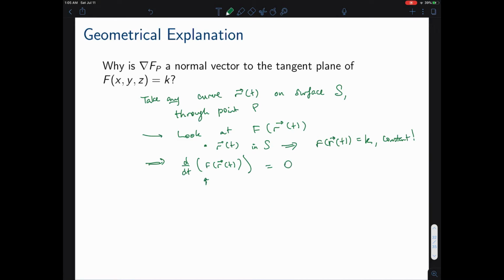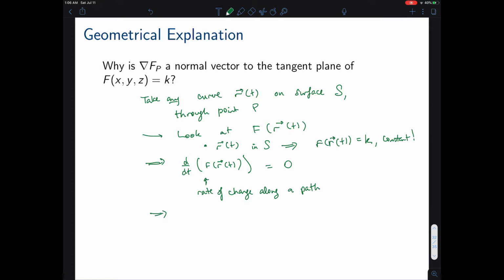But that is a derivative along a path, or a rate of change along a path, which we talked about before. So it's a chance to use that rate of change along a path that we developed.